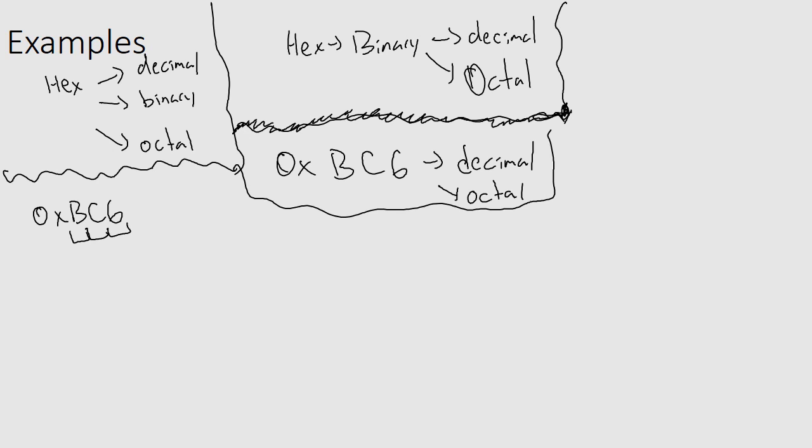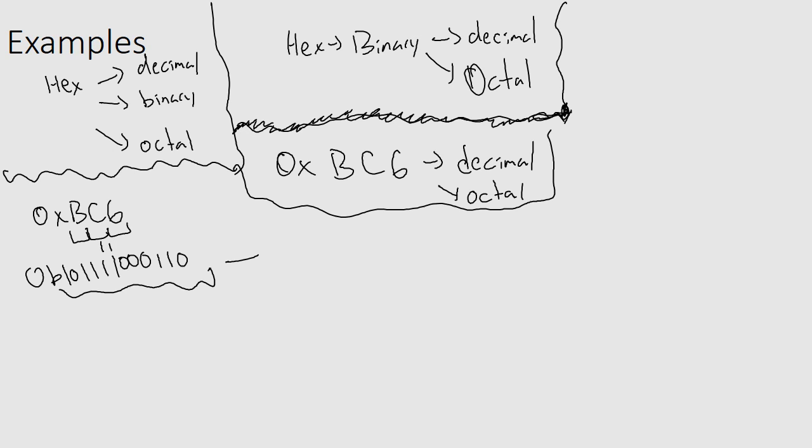For 6, we know it is going to be 0 1 1 0. For C it is going to be 1 1 0 0. And for B, that's going to be 1 0 1 1. Okay, so now we have a binary representation of our hexadecimal number.